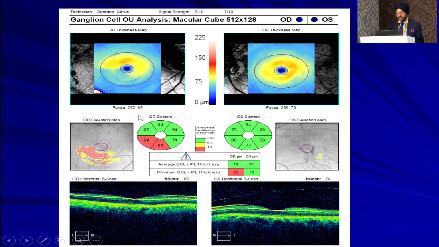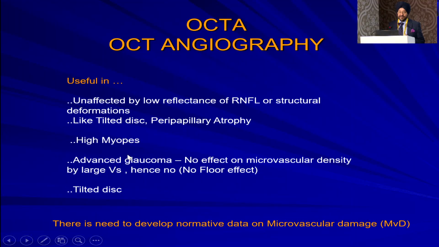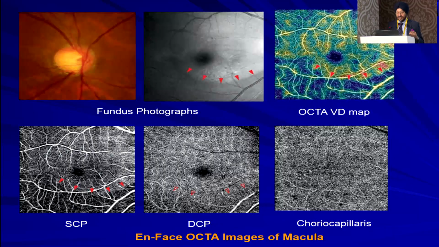There's a thinning in this area. And OCT angiography is the new kid on the block. We are delving into that. In the fundus photo, this is a loss of capillaries, and this OCTA vessel density map is less here. The superficial capillary plexus, deep capillary plexus, and choriocapillaris. So there is an alteration in their density.